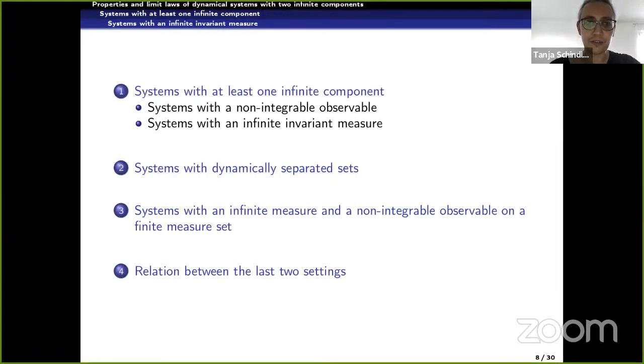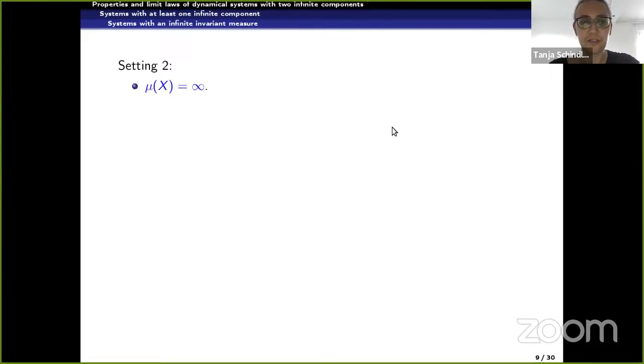Now we go to the second situation, that we have systems with an infinite invariant measure, which means now we look at the situation that our measure is infinite, but still sigma finite, as we said at the beginning, and f might or might not be integrable.